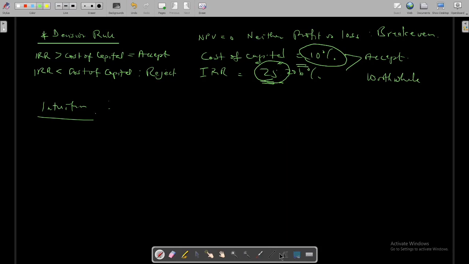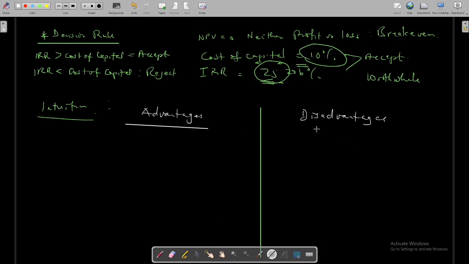Okay, so now let's look at some advantages and disadvantages of the internal rate of return method. Let's look at the advantages first. The advantages of the internal rate of return are similar to the advantages of the NPV method.